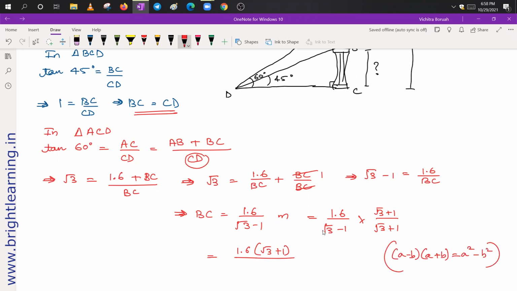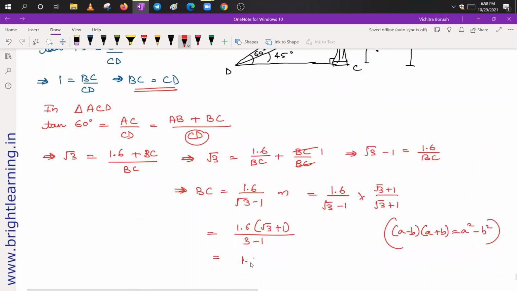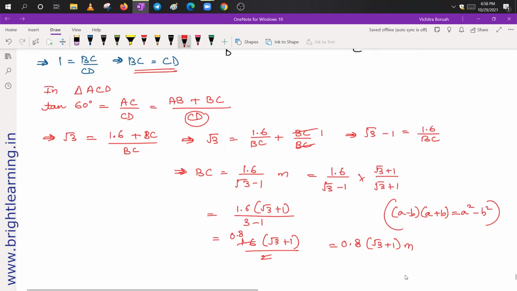So here A square is root 3 square, it is 3. 1 square is 1. So you will get 3 minus 1, which is 2. So you will get 1.6 into (root 3 plus 1) upon 2, and 1.6 divided by 2 is 0.8. So you will get 0.8 into (root 3 plus 1). So this is the required height of the pedestal.